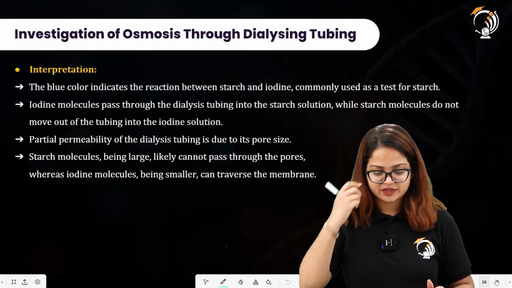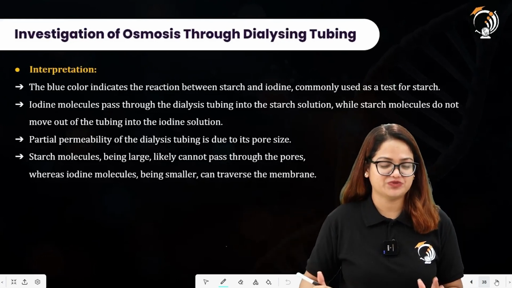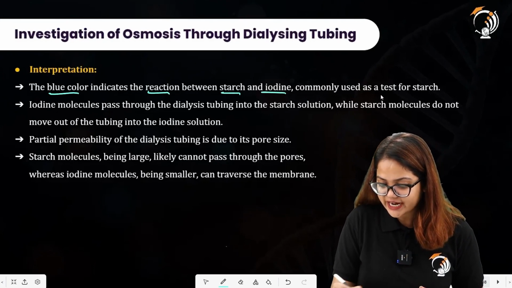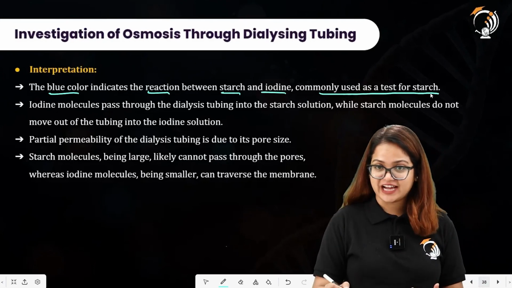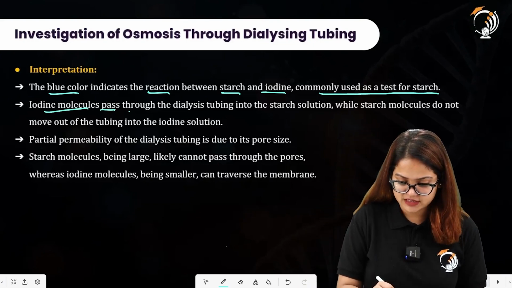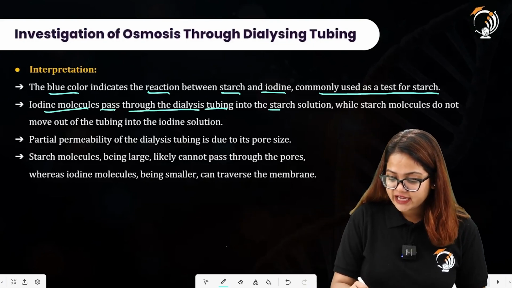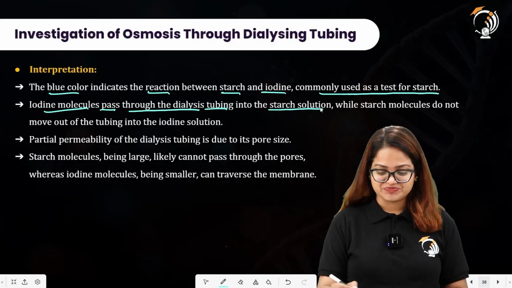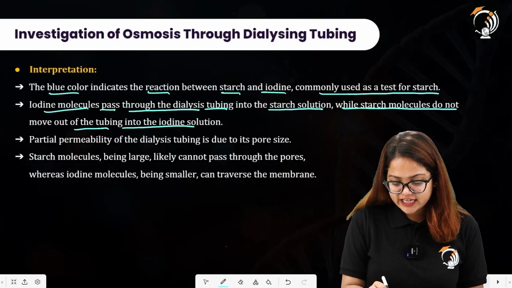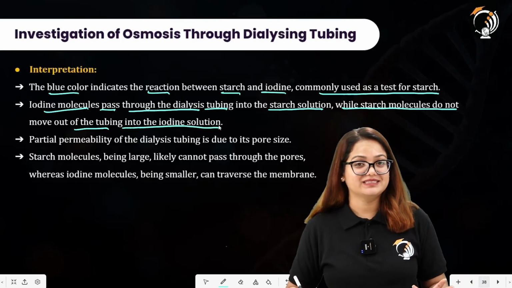All right. So here we have the interpretation from this. The blue color indicates the reaction between starch and iodine, commonly used as a test for starch. We have already discussed this. Iodine molecules pass through the dialysing tubing into the starch solution, while starch molecules do not move out of the tubing into the iodine solution. And why did this happen?